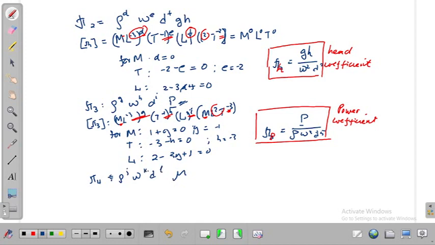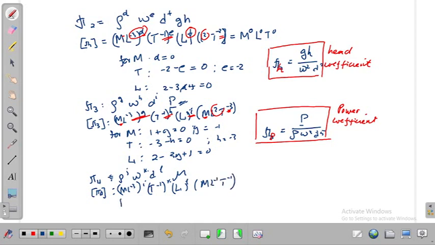So we again get the dimensions for pi 4, and for the dimensions we have m, l power negative 3 power i, then t minus 1 power k, and l power l, and then for mu we have m, l minus 1, t minus 1.